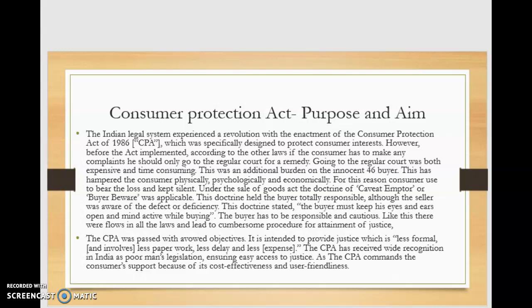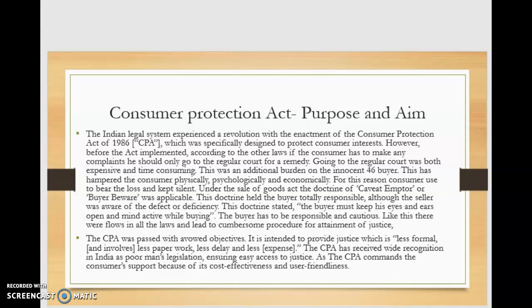When we talk about the Consumer Protection Act, we say that the Indian legal system experienced a revolution with the enactment of this act, which was specifically designed, as already stated, to protect the consumer's interest. It was passed with the purpose of providing justice which is less formal, involves less paperwork, fewer delays and less expense.